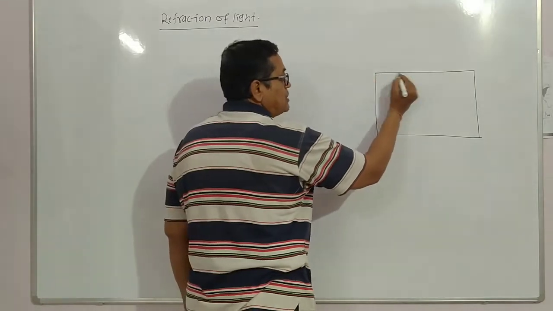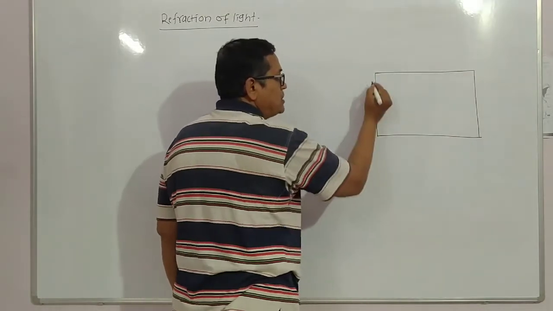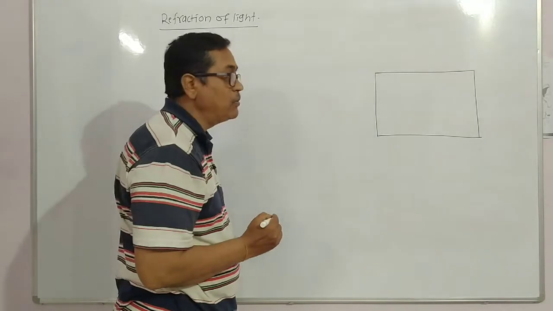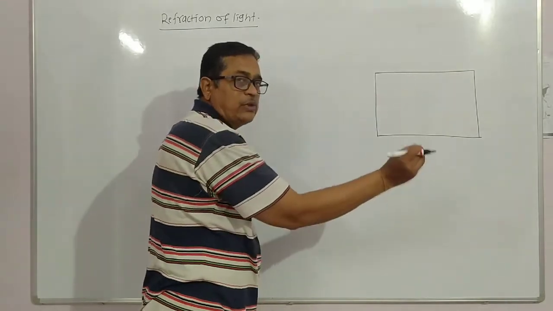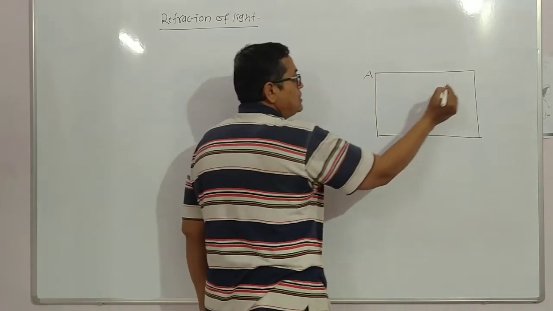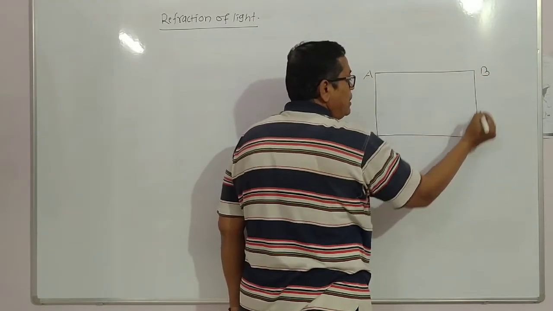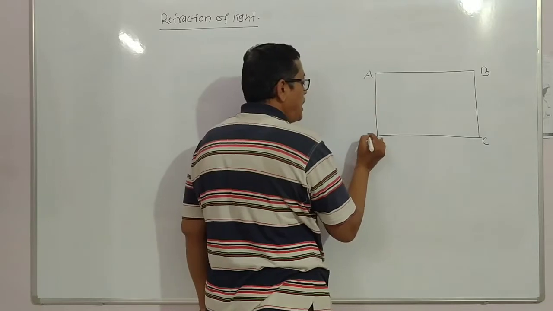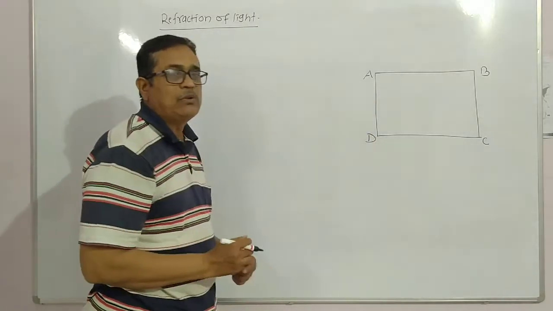Mark the outline of the glass slab with a pencil on the white paper, then remove the glass slab and label the corners A, B, C and D. That is a rectangular glass slab.